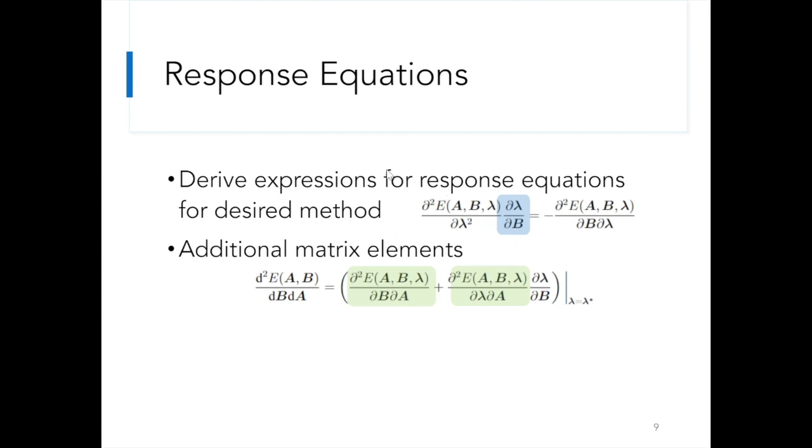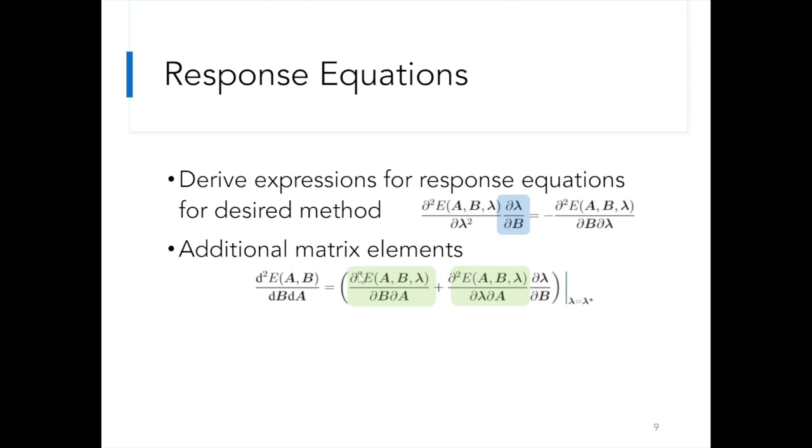So what do we actually need to calculate properties using these first equations? First, we have to derive expressions for the response equations based on the method of our choosing. And we have to implement these equations and their solvers. We also need to implement these new matrix elements that come up from the derivatives.